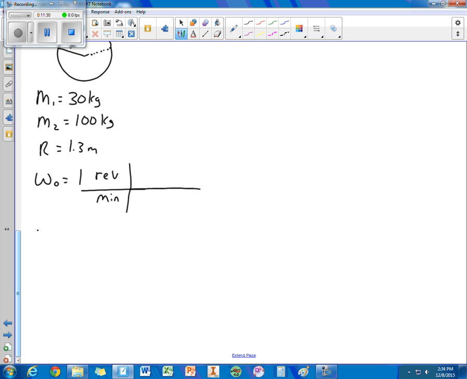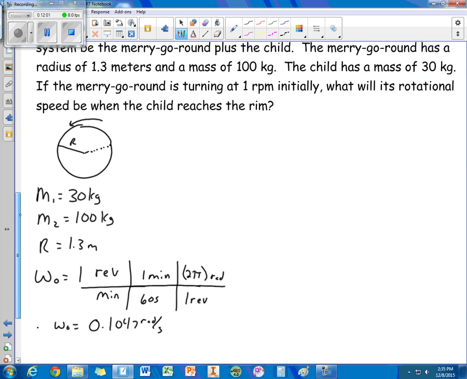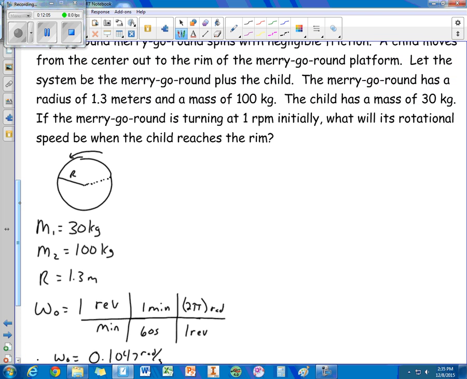Now I do need to convert that revolution per minute into radians per second. So I would have 1 minute per 60 seconds, and 1 revolution is 2 pi radians. So that gives me an initial angular speed of 0.1047 radians per second. Okay, so we have 2 objects in our system, the child and the merry-go-round.